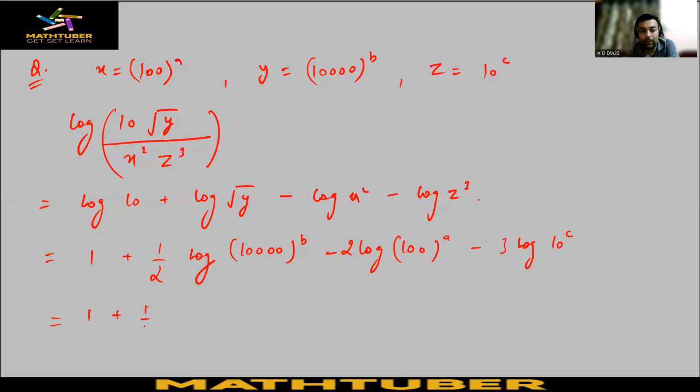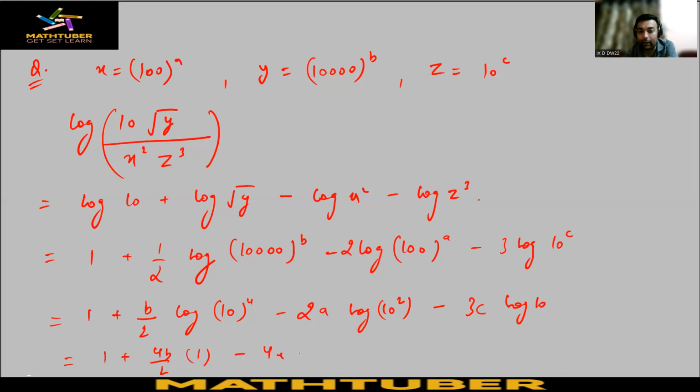So b will also come here, so it will be b by 2, and this is 10 raised to power 4, minus 2a log 10 square, minus 3c log 10. So 1 plus 4b upon 2, and the remaining is log 10, which is equal to 1.